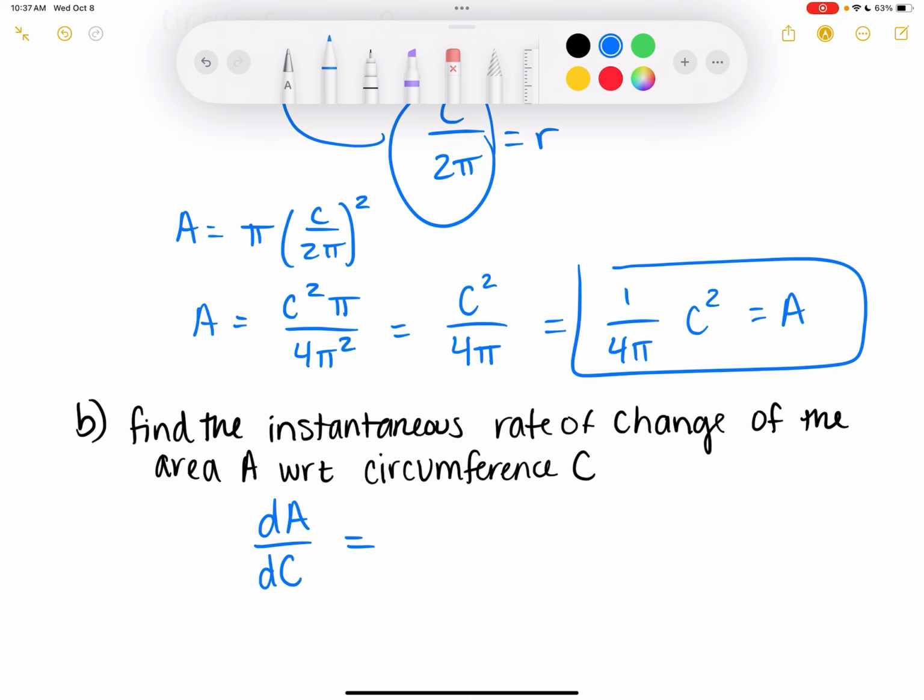It is equal to, so when we take the derivative of this, C is what would normally be my x. So I put the 2 out front. Well, the 2 and the 4 are obviously going to reduce, so I'm going to end up with 1/2 pi times C. Or you could write it as C over 2 pi if you want. It doesn't matter, it's the same thing either way.